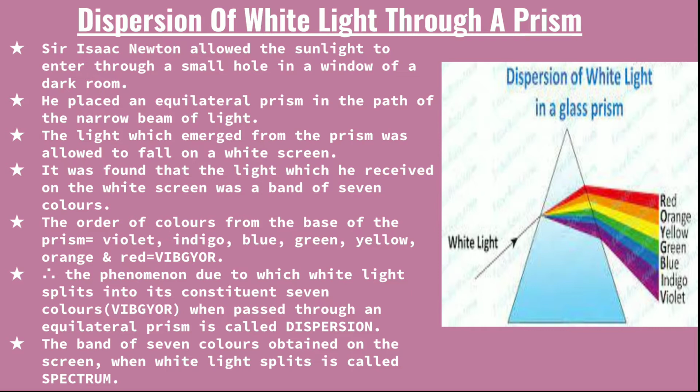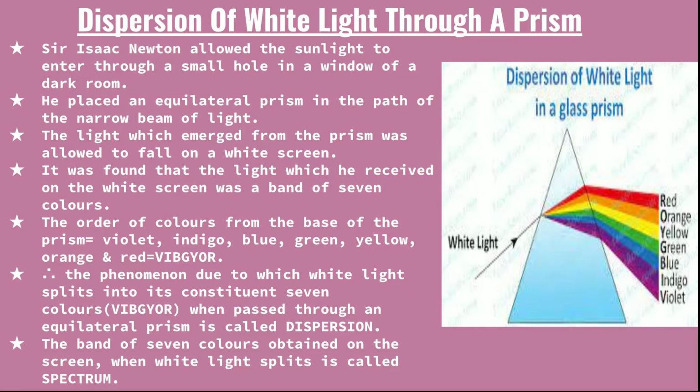He allowed the sunlight to enter from that hole and pass through the equilateral prism. The light which emerged from the prism was allowed to fall on a white screen.